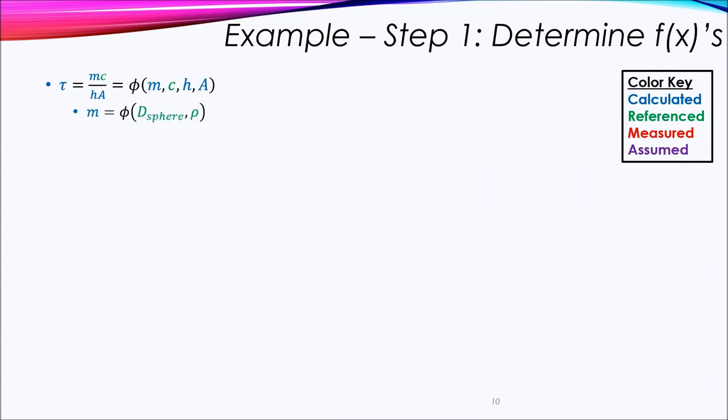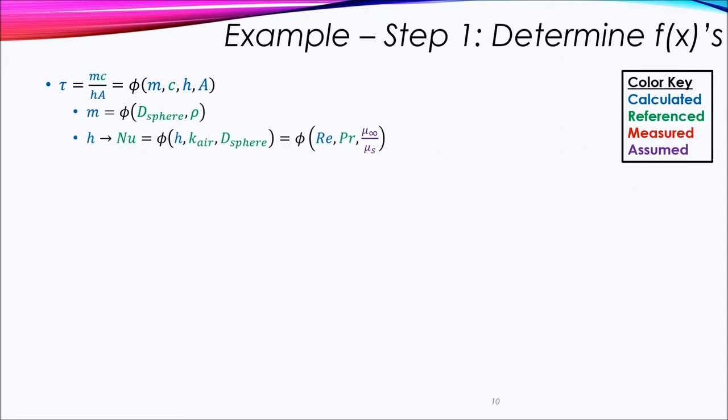So the mass is just a function of volume and density, and volume can be given by the diameter of the sphere. The next item, C, is a referenced value, so I won't give this here because it's not unpacking towards another function. But then H is calculated, and that can be calculated from the Nusselt number, which is a function of H, the thermal conductivity of air, as well as the diameter of the sphere.